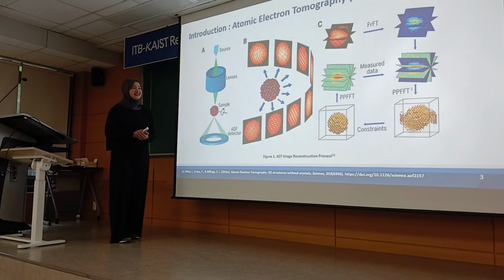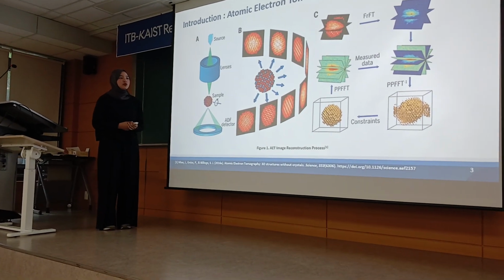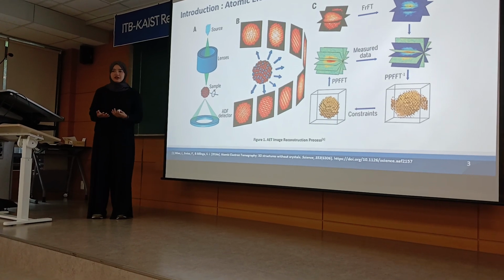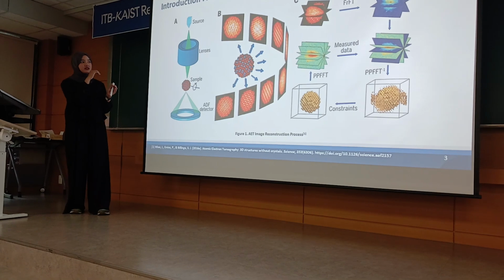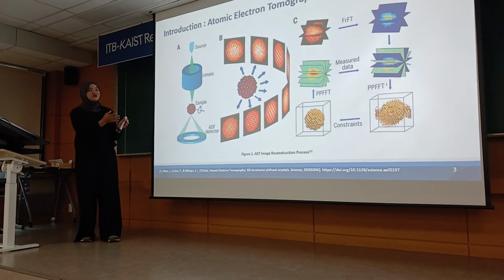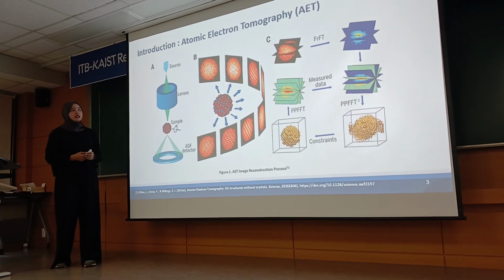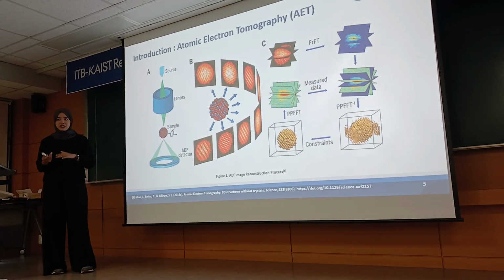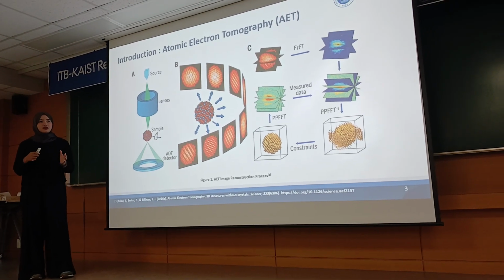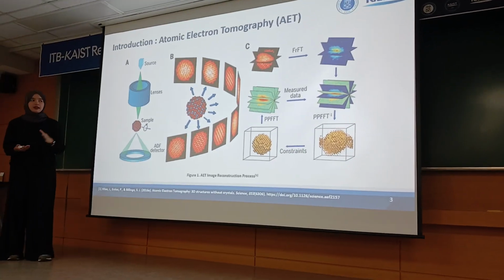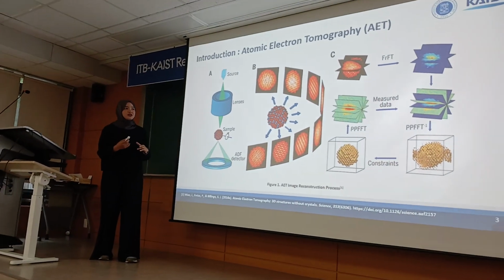PPFFT. Okay. In the GENFIRE algorithm, we transform the tilt series to Fourier space, hence we get the Fourier slices. But in doing this, we need to do interpolation, and due to the different coordinates of the Fourier space and the tilt series, we cannot do the interpolation directly.